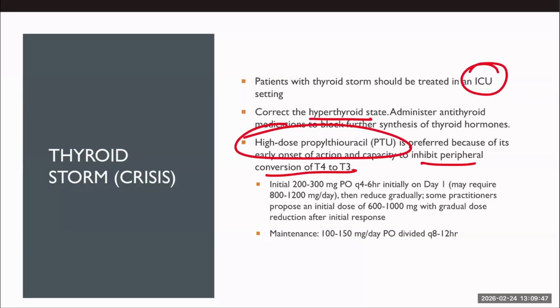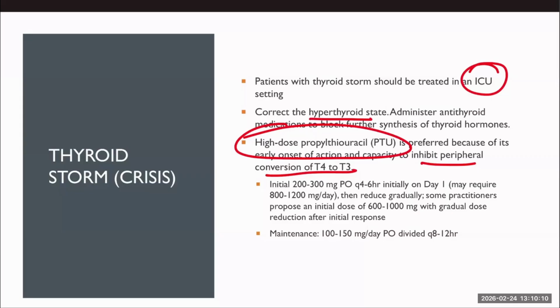Why is that important? We're not making the active thyroid hormone. Remember, T3 is the more biologically active form. T4 gets converted to T3 in the periphery to make more of the active one. We don't want more active ones, so PTU is very good in this case because it stops that conversion.